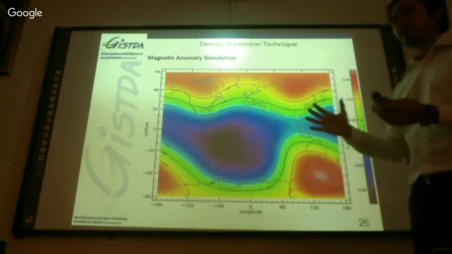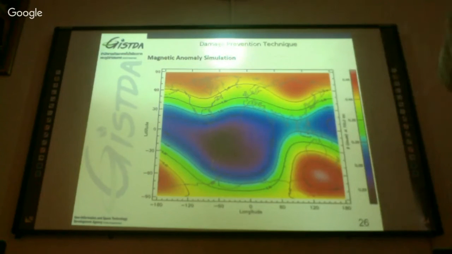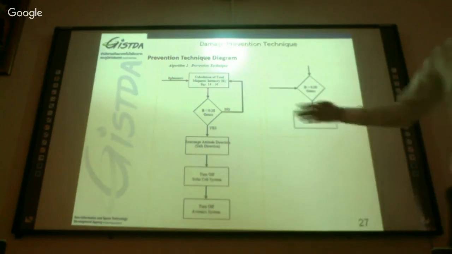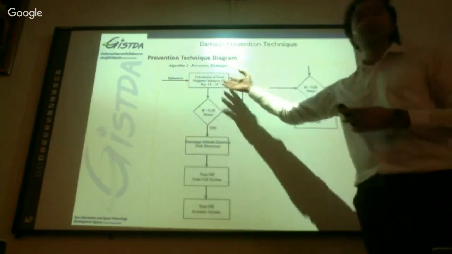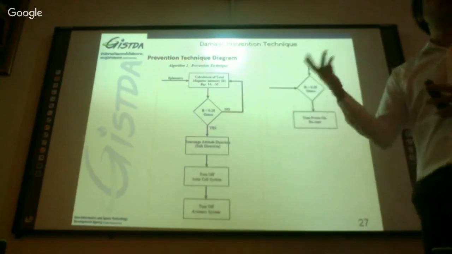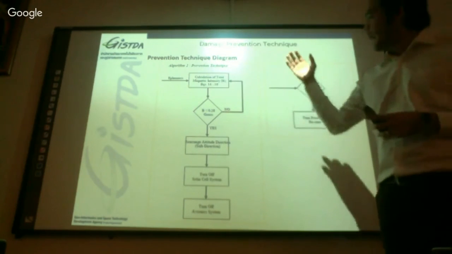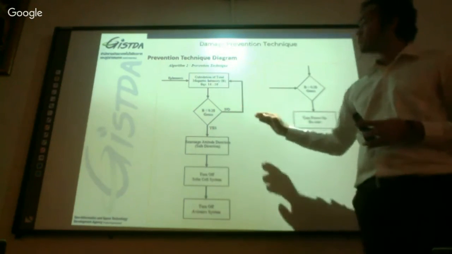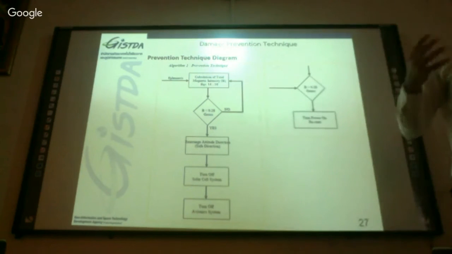When the system detects a magnetic intensity of about 0.2, that means we are ready to turn our system off or start the system again. That brings me to the preparation techniques that I can write here. We have to know the ephemeris of the satellite and then calculate the magnetic intensity that I showed you previously. If the magnetic intensity is lower than 0.28, that means we are in the SAMA region.